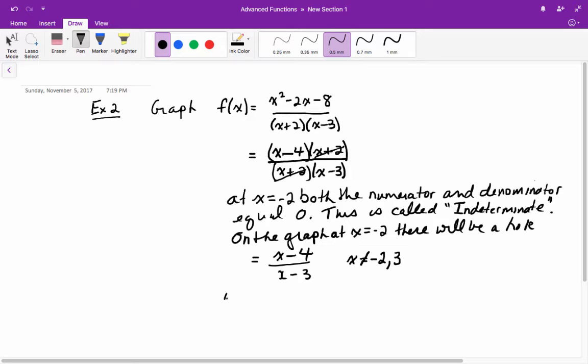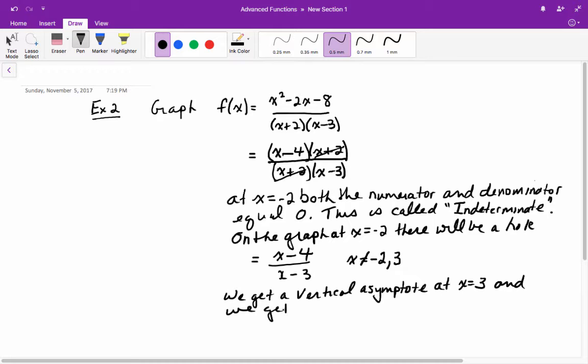So we get a vertical asymptote at the value of x that makes only the denominator equal to 0, at x equals 3. And we get an x-intercept at x equals 4.